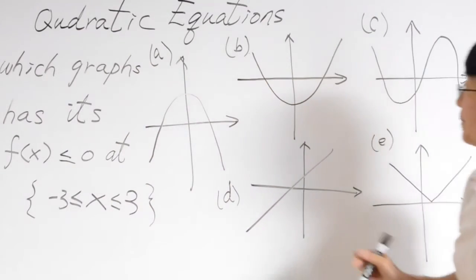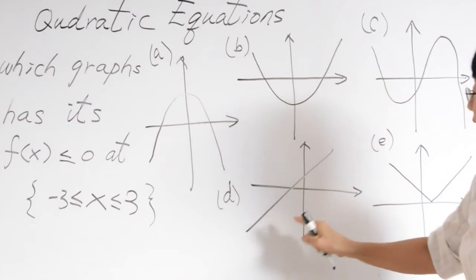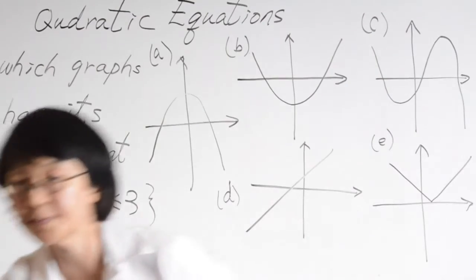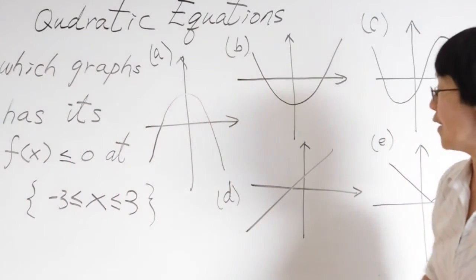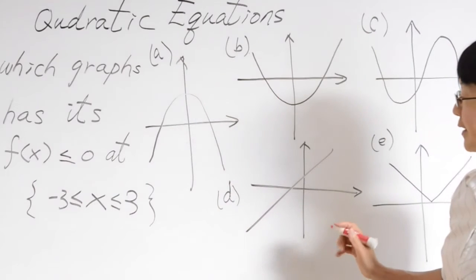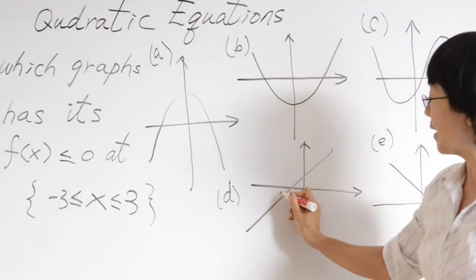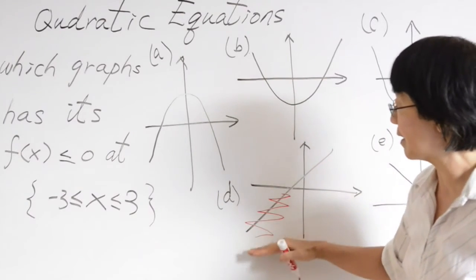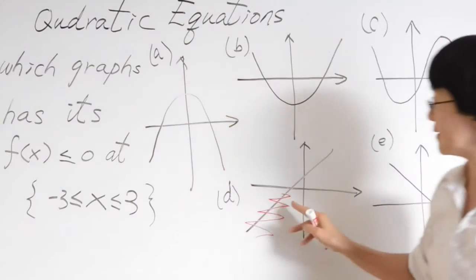Now, let's look at this graph first, okay? For f(x) to be smaller than 0, that means the graph smaller than 0 is this part here, right? All this part here is f(x) smaller than 0.